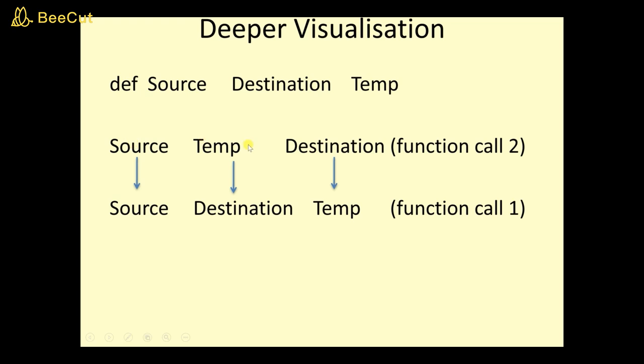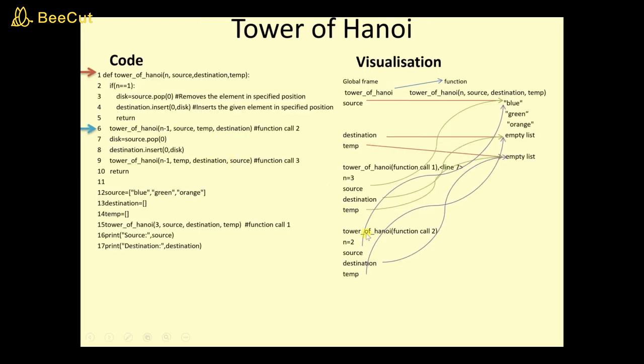So source, temp, and destination will be pointing to the values in the same order: source will go first, then temp, then destination third. If you are not able to understand it, just stay with the video. I will be explaining this concept again.